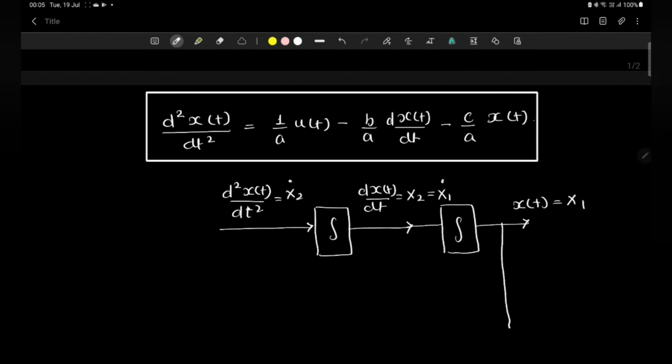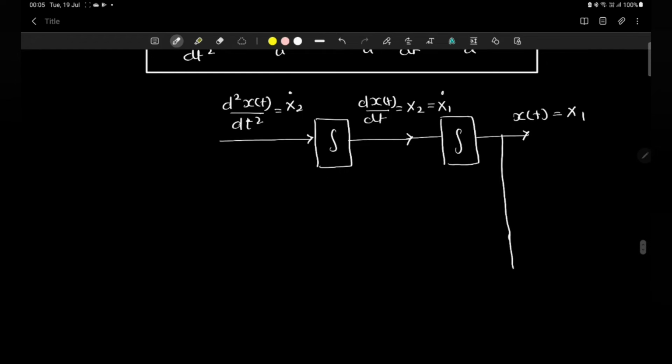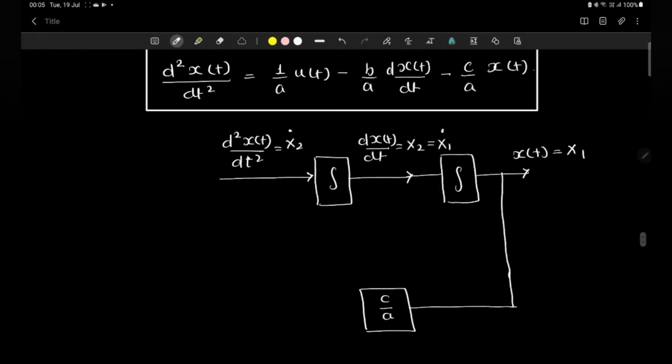Now we take this output and multiply it by c by a, so x of t into c by a. Then dx by dt into b by a.